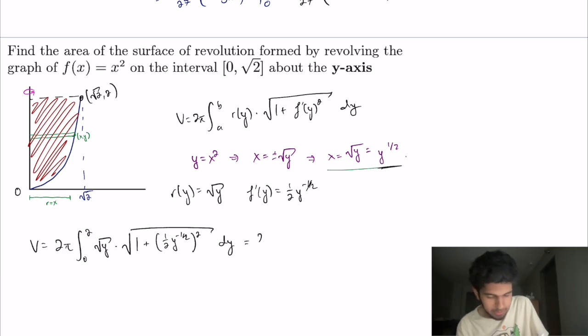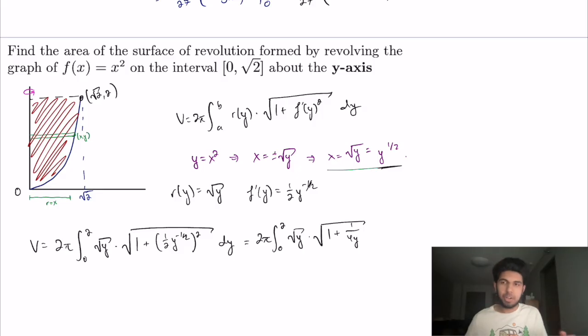Let's try to simplify this a bit. 2 pi integral from 0 to 2 of square root of y times square root of 1 plus 1 over 4y, right? 1/2 squared is 1/4, y to the negative 1/2 squared is y to the negative 1. We can combine those into 1 over 4y. From there, this might be a little bit hard to integrate at first, but we actually can integrate this.